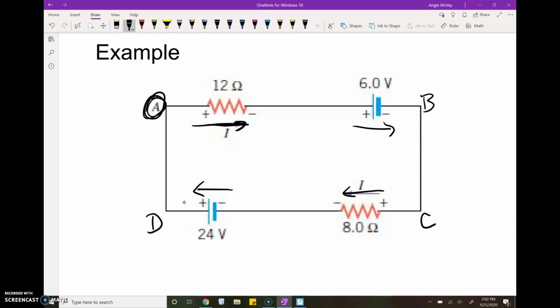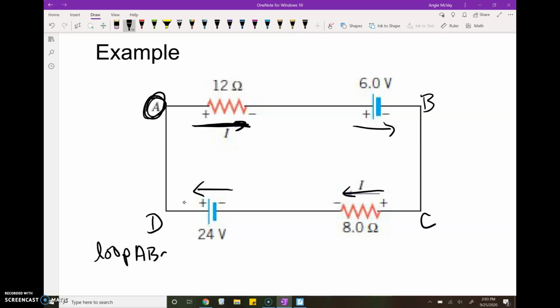That might not be the real direction that current is flowing in the circuit. But we need to pretend like it is, and then the math will tell us if that is real or not.